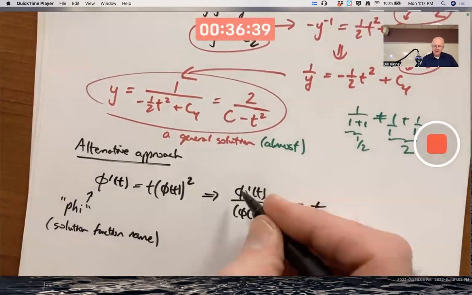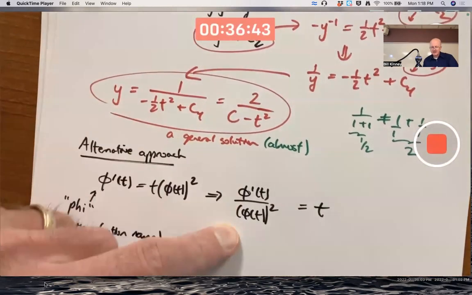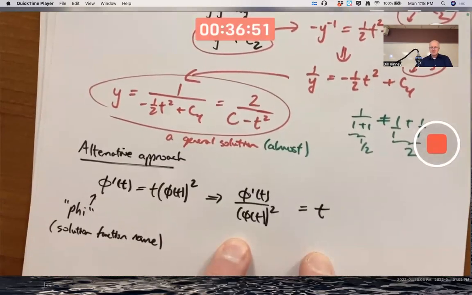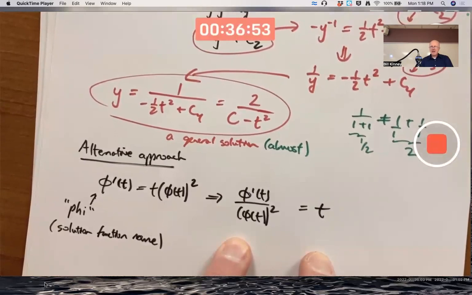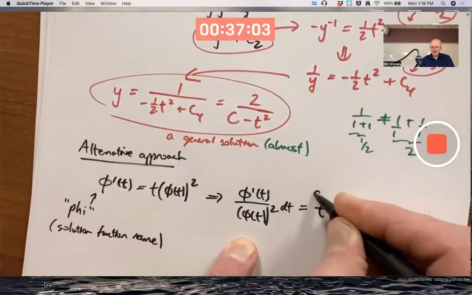I'm after a function phi of t, whose derivative divided by itself squared is always equal to t, at least whenever I'm not dividing by 0. Those are two equal functions. I guess if I integrate them, I should still get equal functions. What should I integrate them with respect to? They're both functions of t. Now put dt's in there on both sides and integrate.